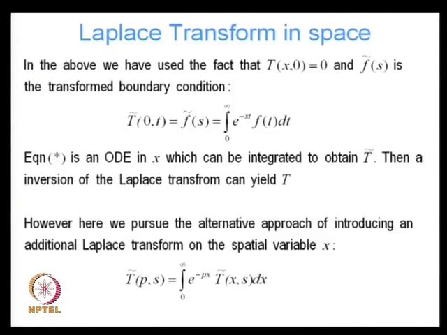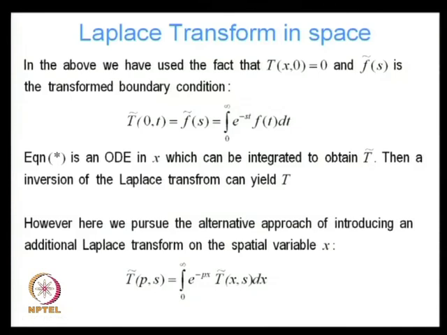So, the Laplace transform in the spatial domain is very similar, except now the integration is performed with respect to the spatial variable x instead of time, and once you perform the integration, the x goes away. So, you have p left and you have s left, which resulted from the Laplace transform in the time domain.